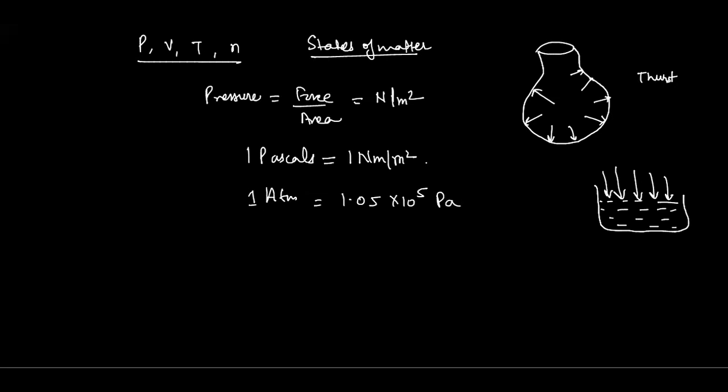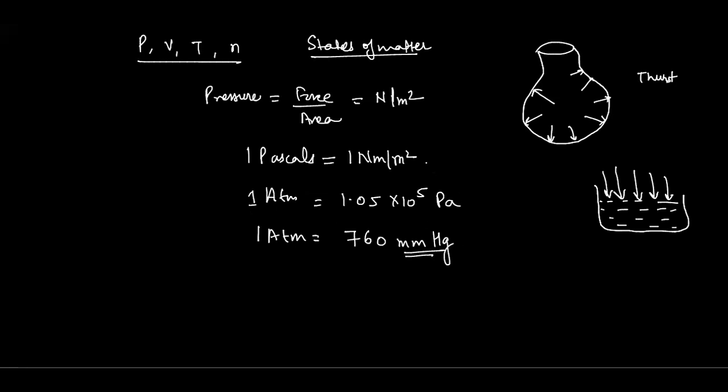In a similar way, atmospheric pressure is also equal to 760 mmHg. This is another unit, and if we have the pressure in mmHg, then we have to convert it accordingly.